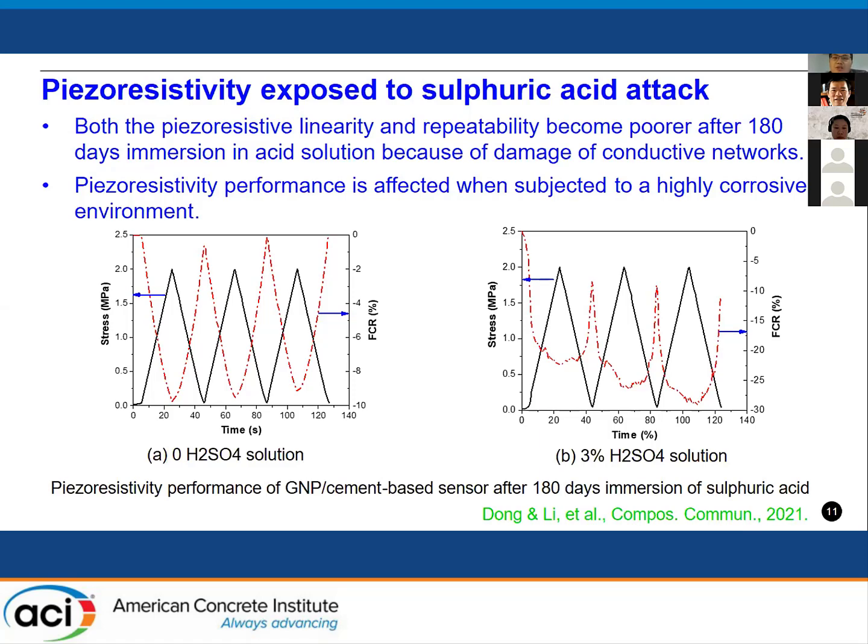This is due to the damage of the conductive networks and the damage of the microstructures of the specimen. In this way, we can see the piezoresistivity performance of the graphene cement-based sensors is affected by the highly corrosive environment, as you can see from this image.